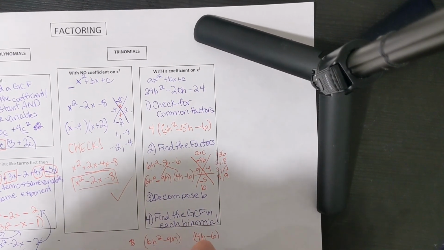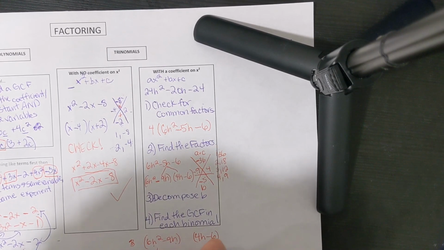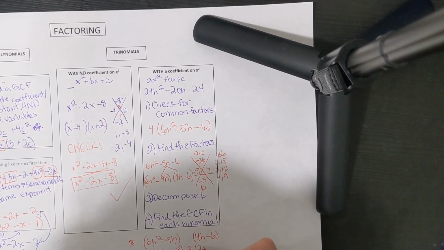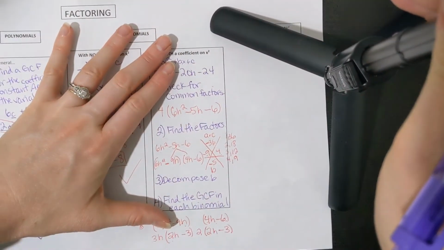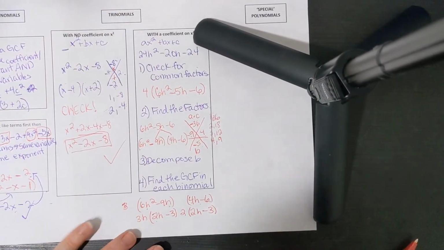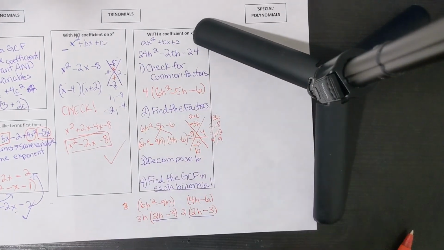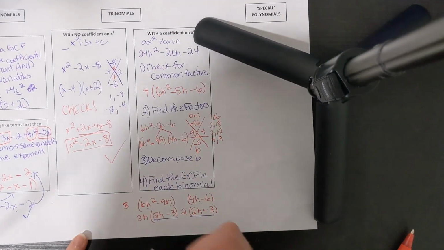I'm going to rewrite it here. 3h. What would be left inside would be 2h minus 3. These are both divisible by 2. Can't take out an h because there's no variable on the 6. So then we'd be left with 2h minus 3. We want these. Can you see this? There we go. We want these two to be exactly the same, which they are.